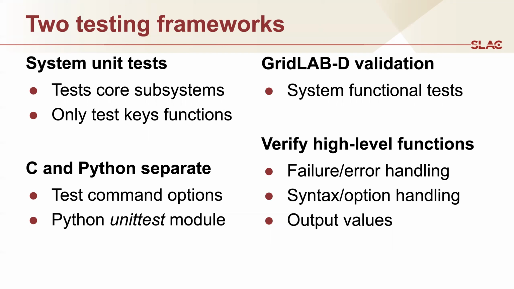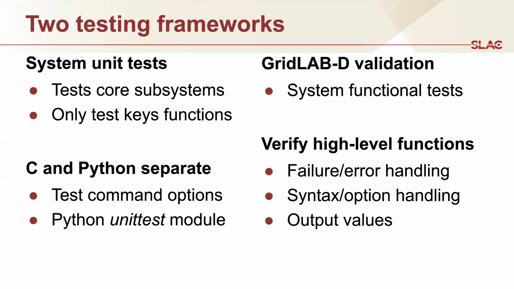To test Gridlab-D, there are basically two basic mechanisms available to you. The first is to test the internals of the core engine itself. There are a whole lot of subcomponents within the core that provide all sorts of capabilities, and we have test mechanisms for all of those. We don't run all of those tests all the time.